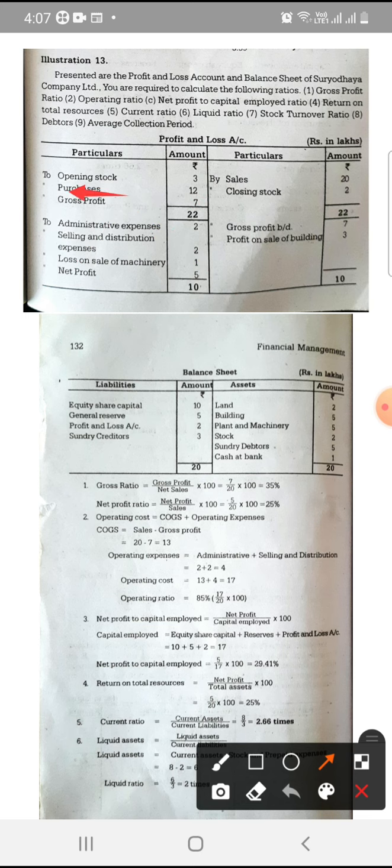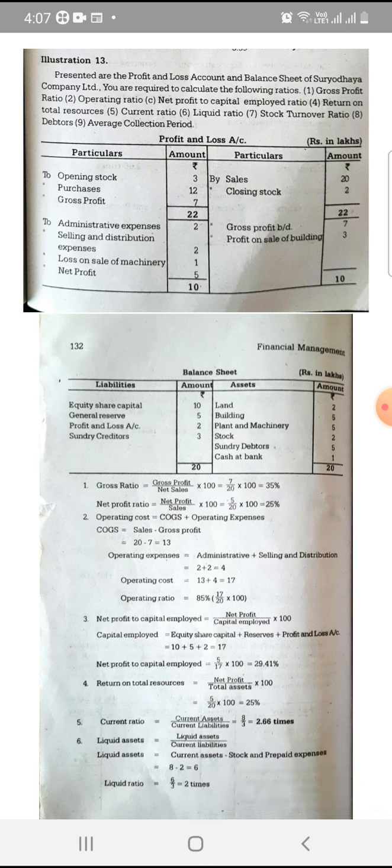Here if you check, they have given you the opening stock, then purchases, closing stock, etc. Then here administrative expenses, loss of stock, etc. Gross profit is given, profit on sale of building is given. Then if you come down, they have given you the balance sheet. Liabilities are given, assets are given, and all this information is given.